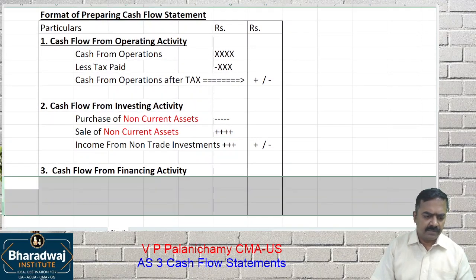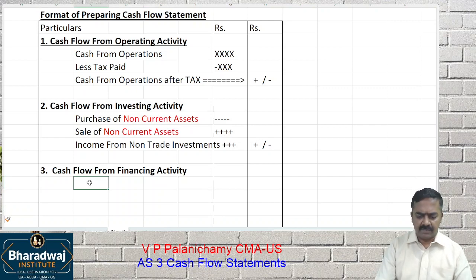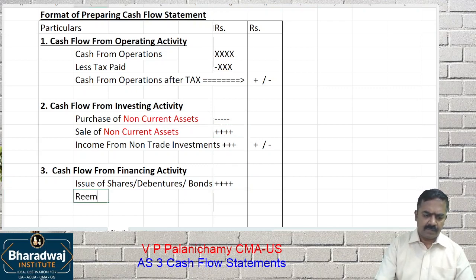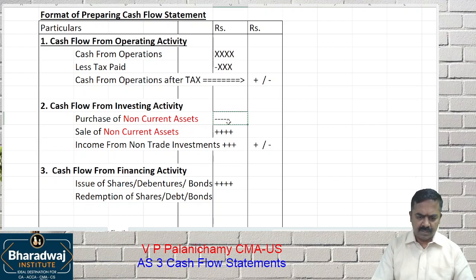Next, cash from financing activity. Issue of shares, debentures, bonds, loans will cause inflow, money inflow. Redemption of shares, debentures, bonds will cause outflow.